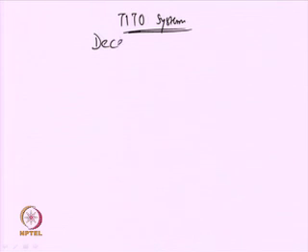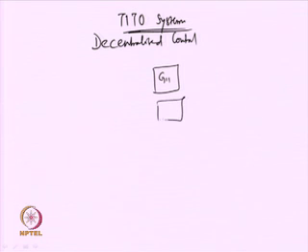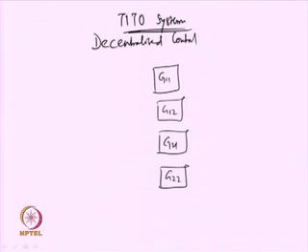Now, let me describe the TITO system a little bit more. A TITO system, when presented in the decentralized control form, how is it shown? I will have G11, G12, G21 and G22.